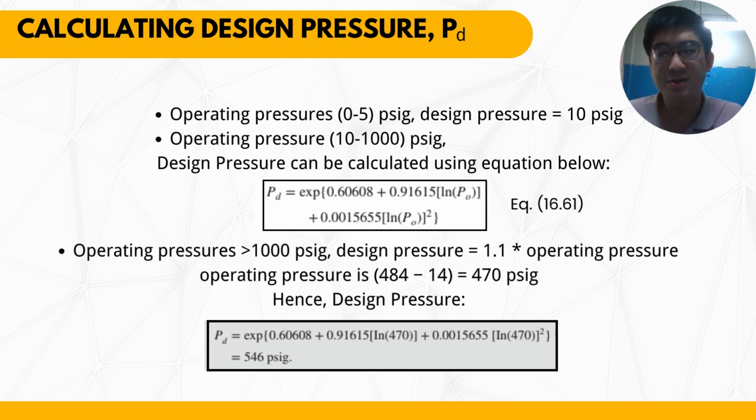For the operating pressure more than 1000 psig, the design pressure will be 1.1 times operating pressure. Since our operating pressure is 470 psig, we will use the equation to calculate the design pressure, and the answer is 546 psig.